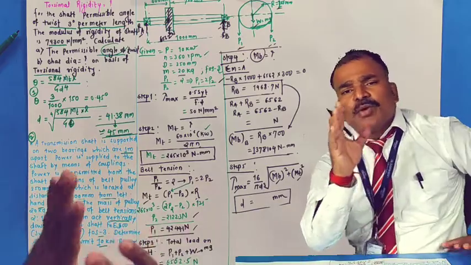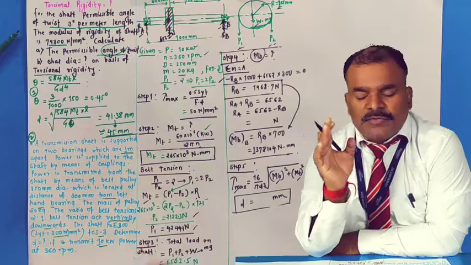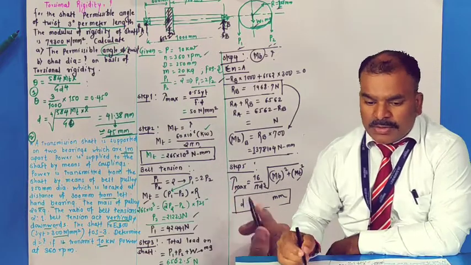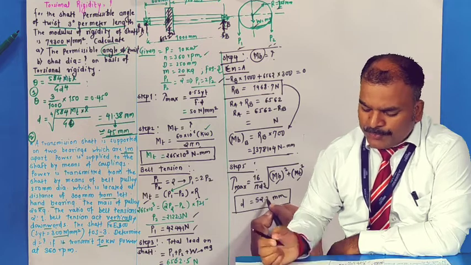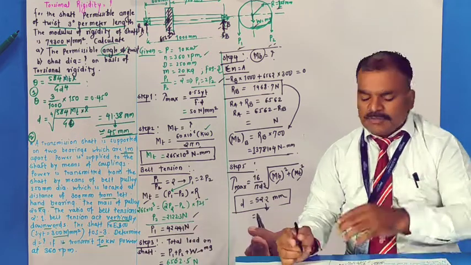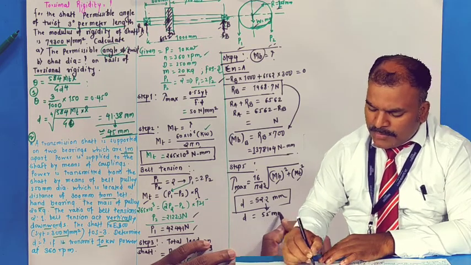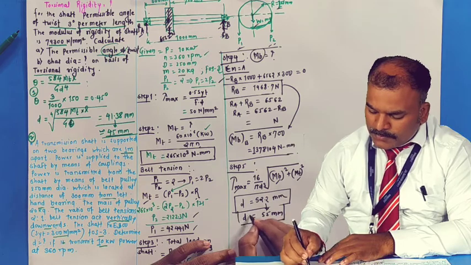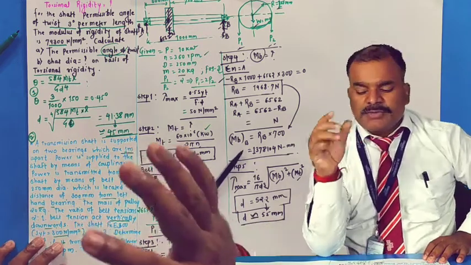So very important in such kind of problem is that you need to find the bending moment very carefully. Correct? So on the basis of this, the diameter is around 52.2 mm. So as per my method, you can select in terms of multiples of 5. So diameter is equal to 55 mm, nearly. Correct? So that's all about this numerical.